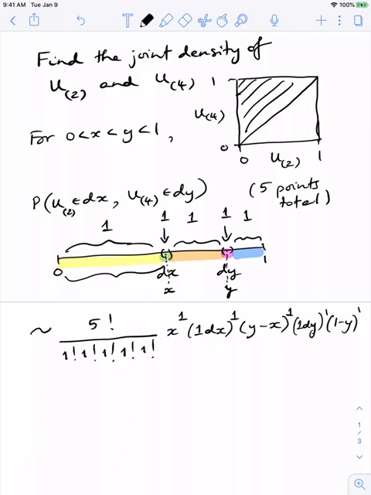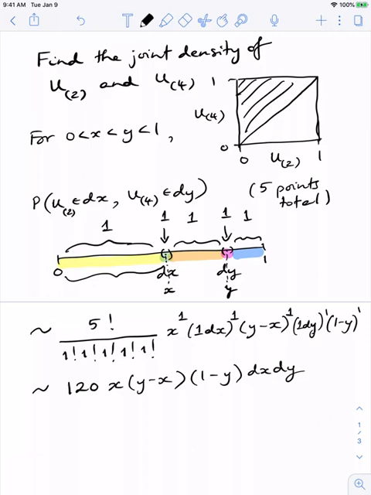And so now we can calculate this. 5 factorial is 120. The denominator is all ones. So then I'm going to ignore the dx's and dy's for now. I have an x, and I have a y minus x, and I have a 1 minus y, and then I have dx and dy. And I'm done.